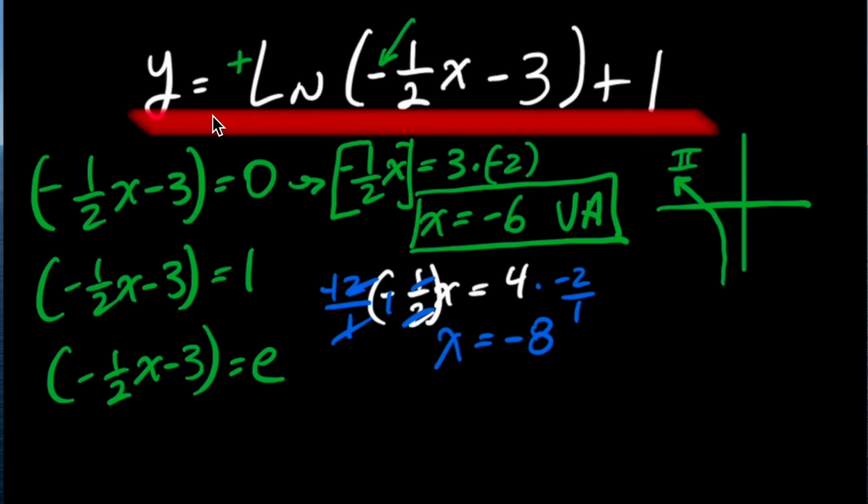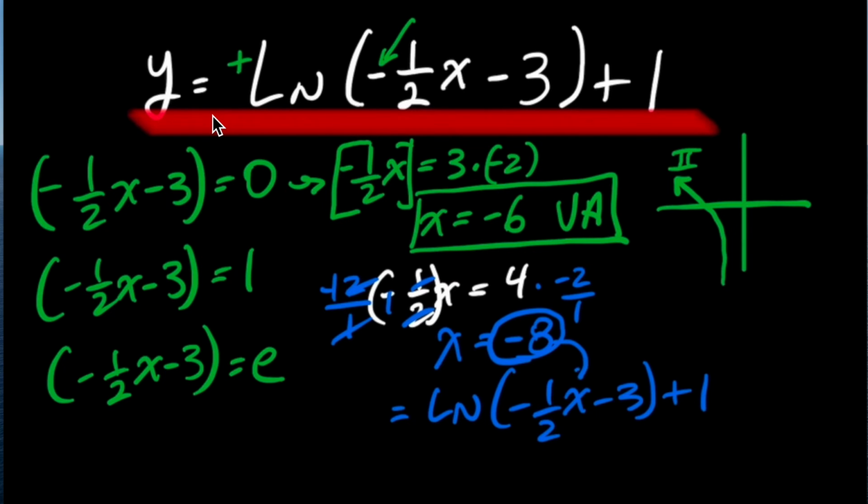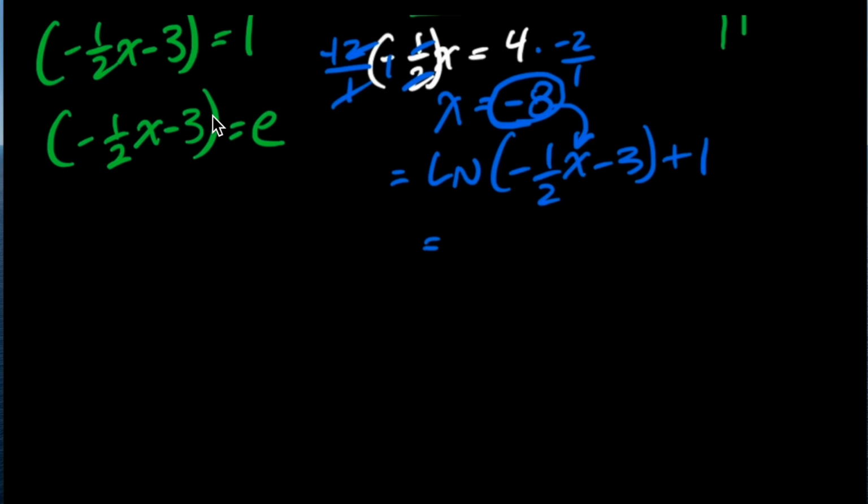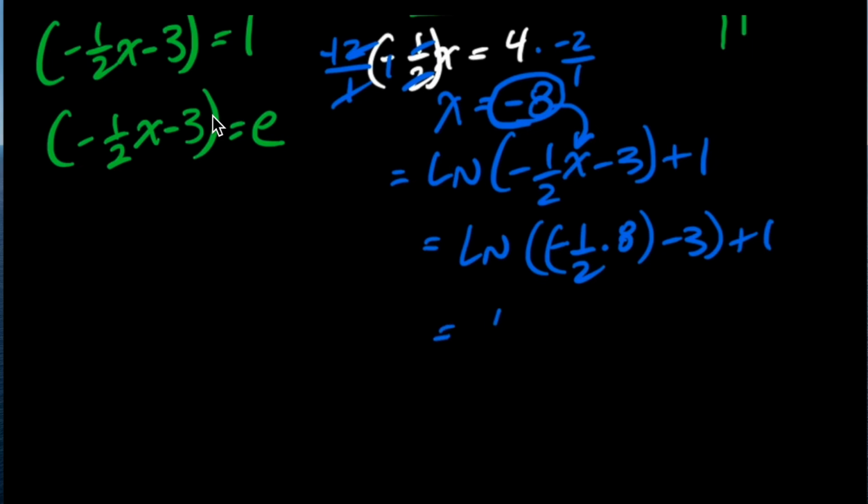We are then going to plug negative 8 into our original equation, which is the natural log of negative 1/2 x minus 3, plus 1. So negative 8 is going to go into the equation to determine our y value. So we're going to get natural log of negative 1/2 times negative 8, minus 3, plus 1.